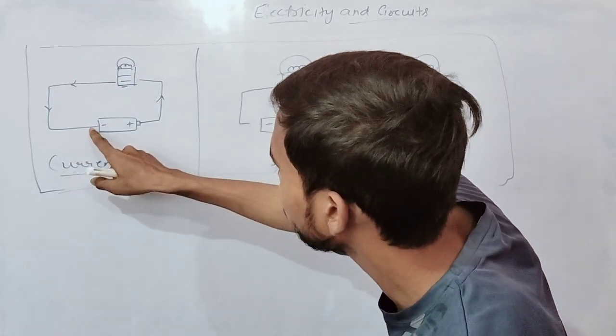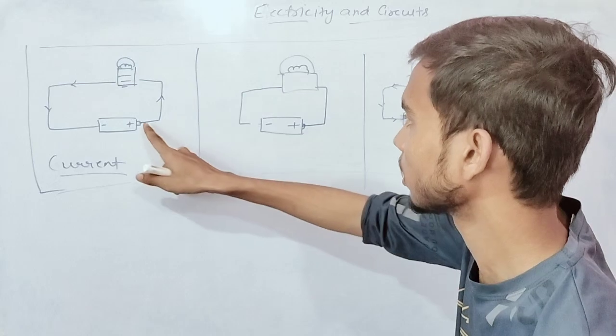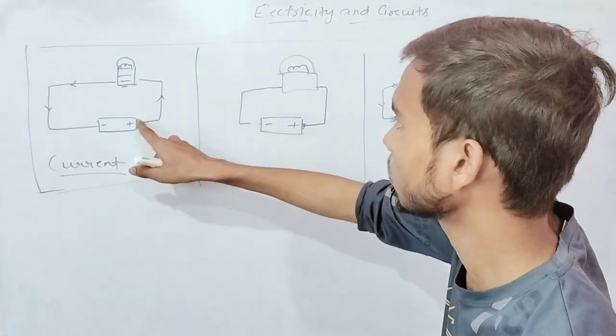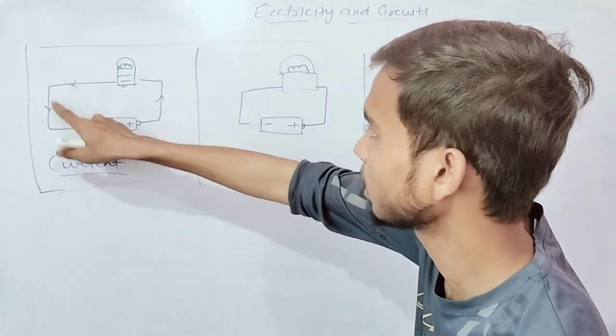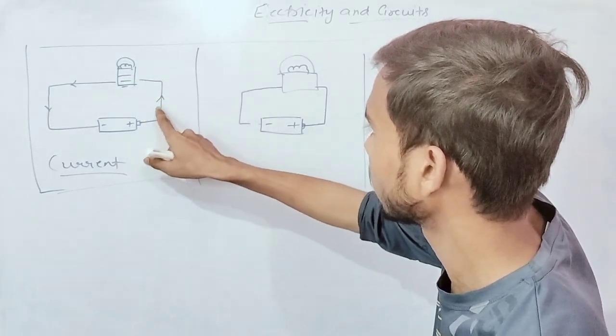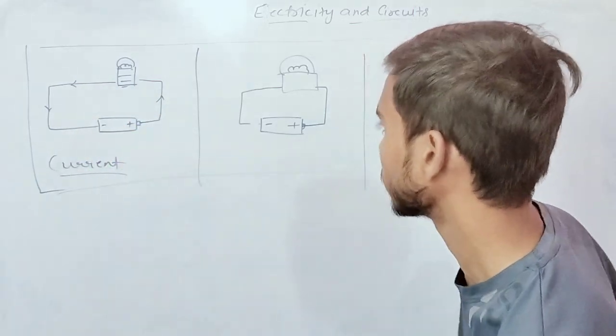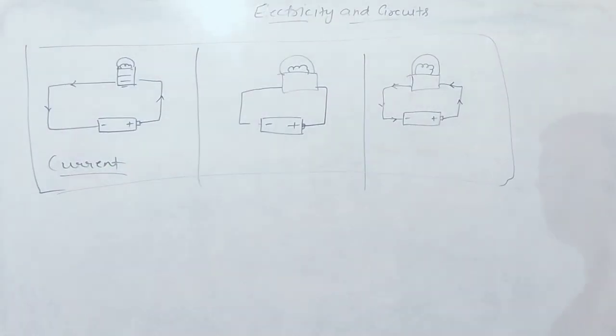It will not start from the negative terminal, that will be incorrect. It will always start from the positive terminal, and this is the end. Electrons are going like that, okay? Clear? This is flowing current.